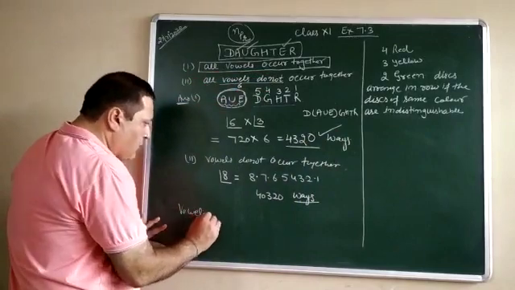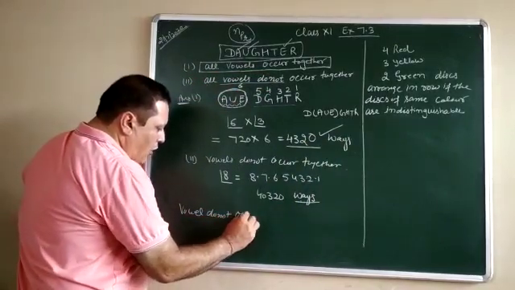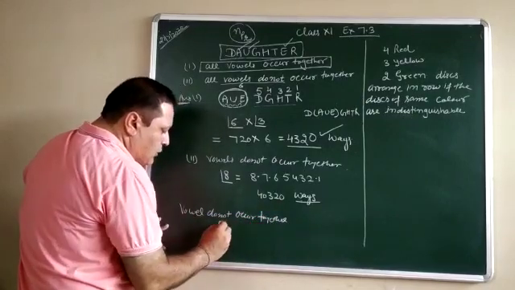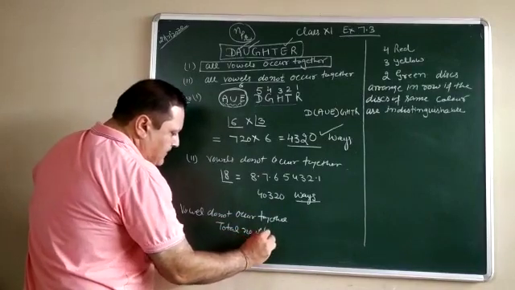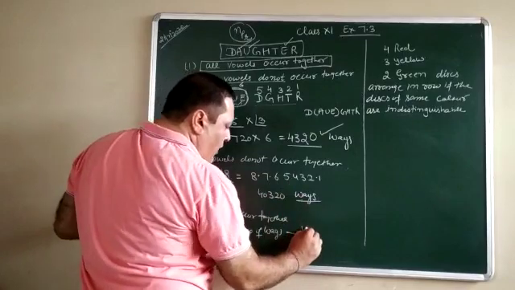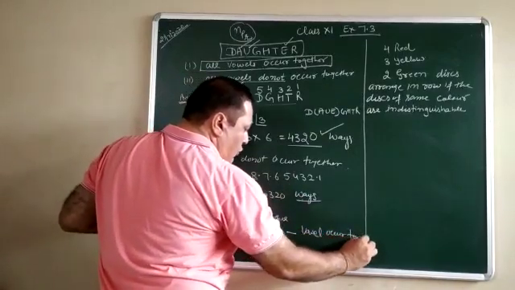So the number of ways in which vowels do not occur together is the total number of ways minus the ways in which vowels occur together.